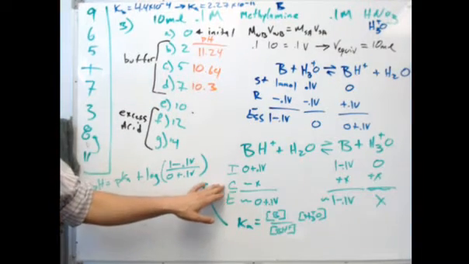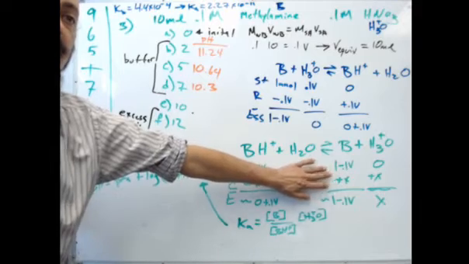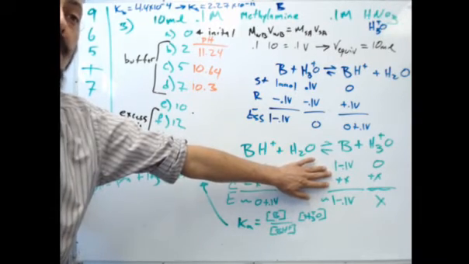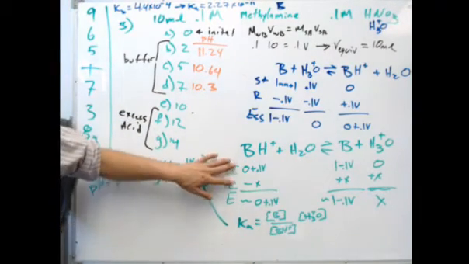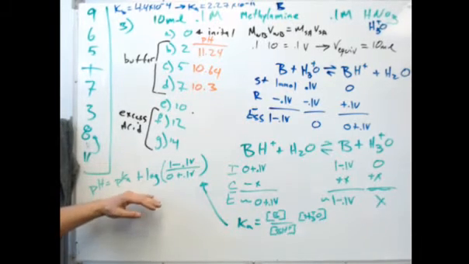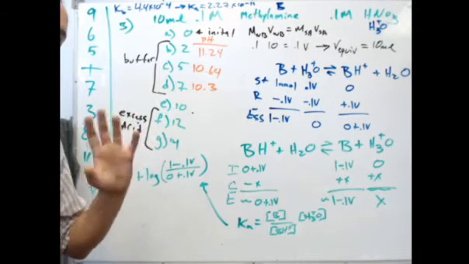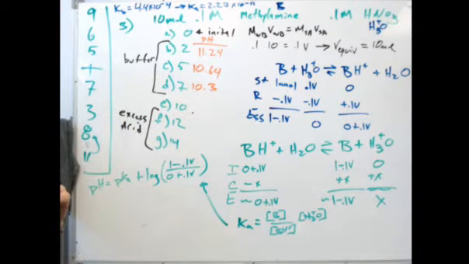If we are outside of the buffer range on the acidic side, this x-small approximation fails. If we're outside of the buffer range on the basic side, this x-small approximation fails. So if we try to use this equation when we're outside the buffer range, our approximations become bad and it doesn't work as well as we want.